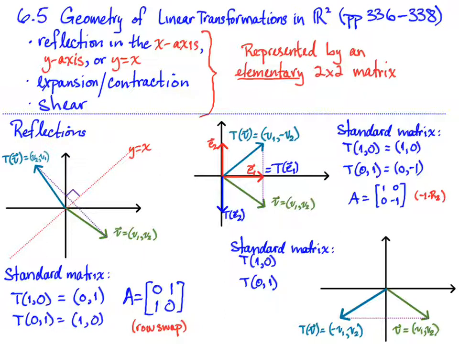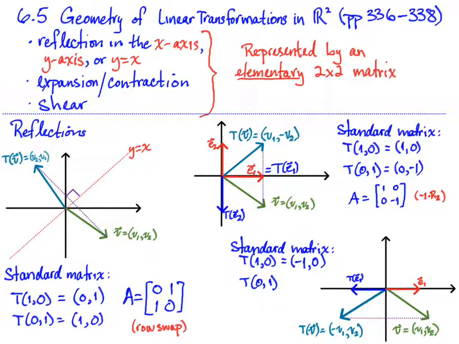So getting the standard matrix requires finding the images of the two standard basis vectors, T of 1, 0 and T of 0, 1. If we look at 1, 0, that's sitting on the x-axis, and we reflect that across the y-axis, and we change only the first component. So it goes to negative 1, 0.